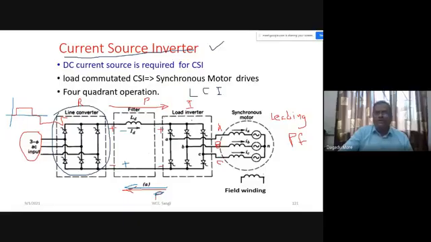This particular rectifier we replace with a PWM rectifier, a current source PWM rectifier. Instead of using the thyristors, we can go for current source PWM rectifiers. What is the purpose of the current source PWM rectifier?